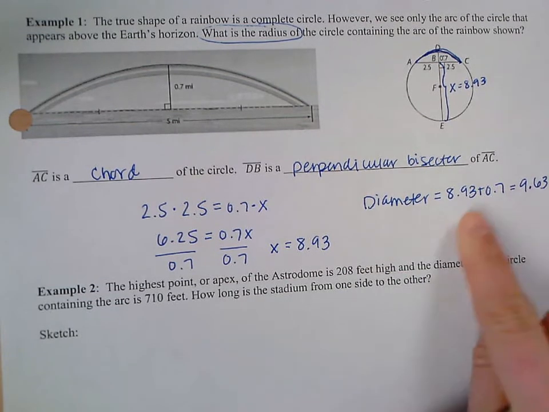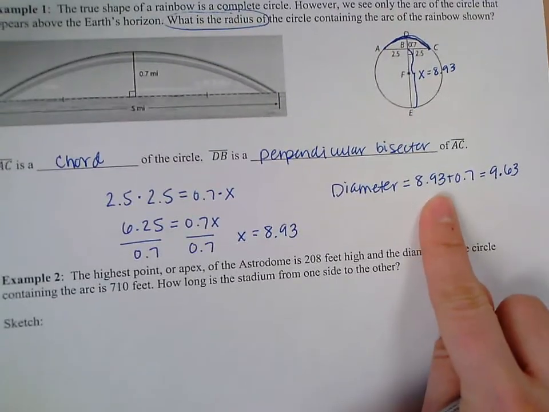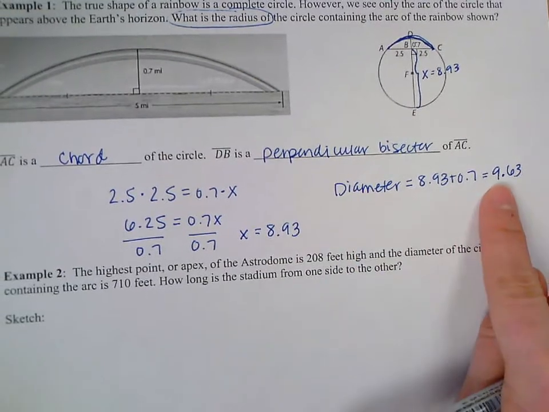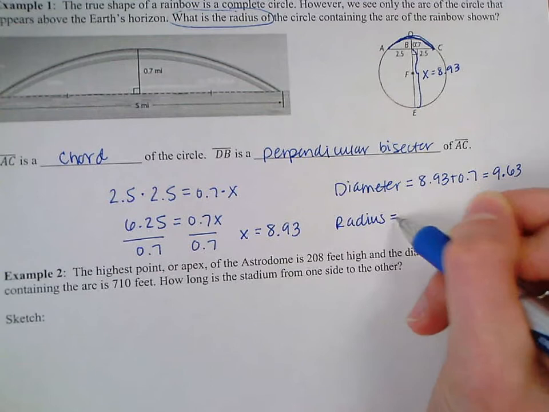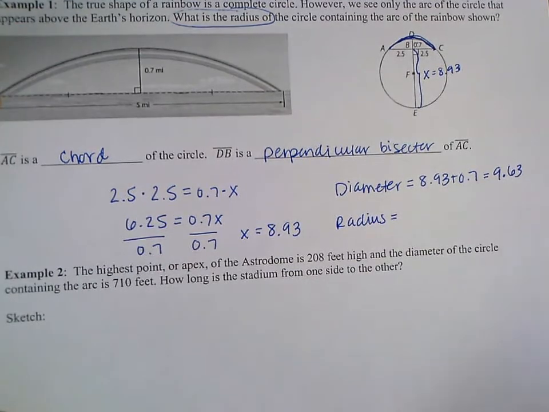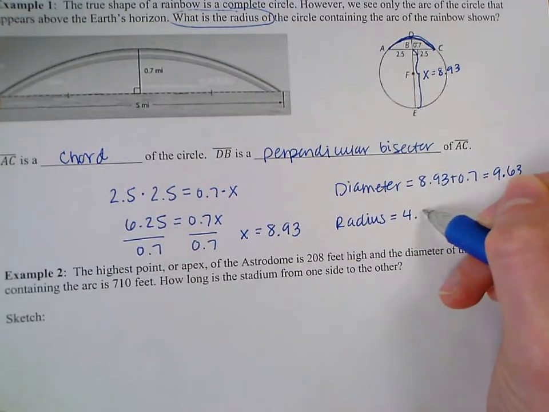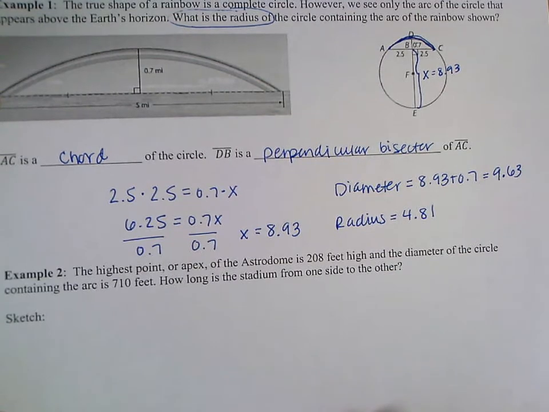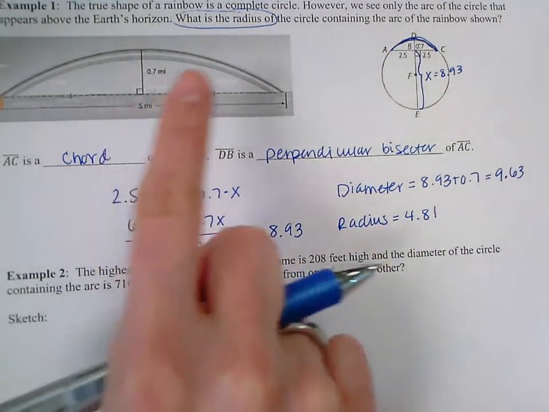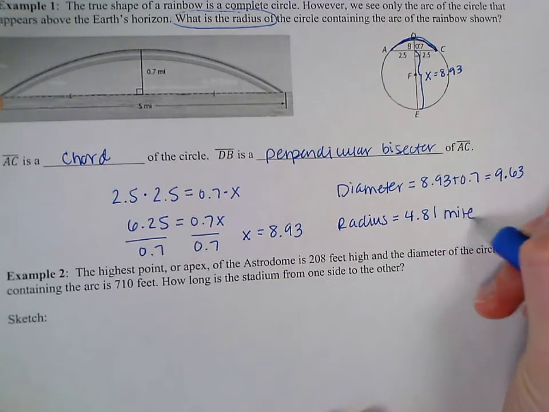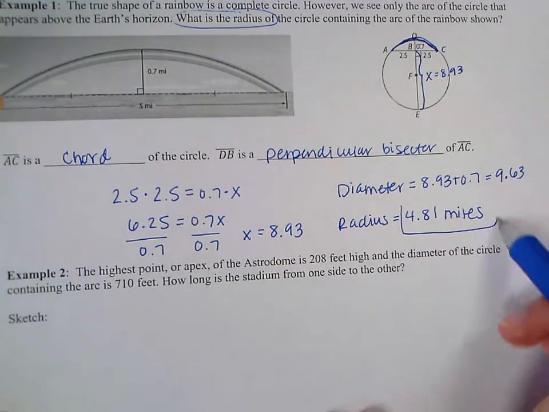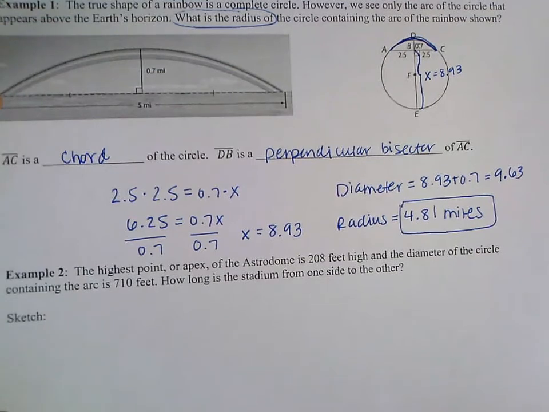So I had approximated the 8.93. And then once I have the diameter, I can just cut that in half to find the radius. So the radius would be that divided in half, so approximately 4.81. And then because all of these measurements are measured in miles, it'd be 4.81 miles long would be the radius of the circle that is created by that rainbow.